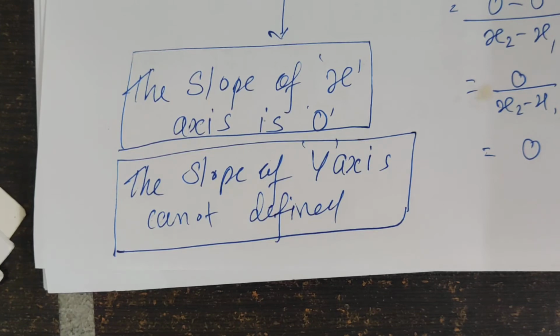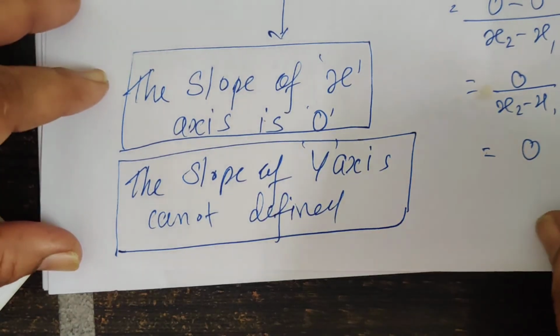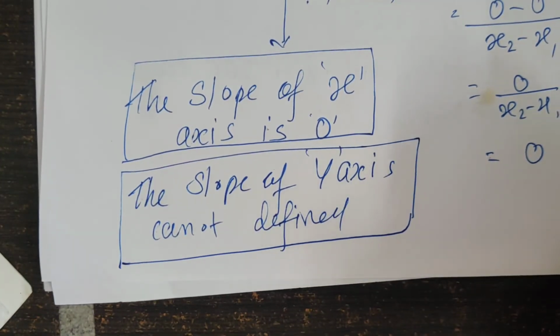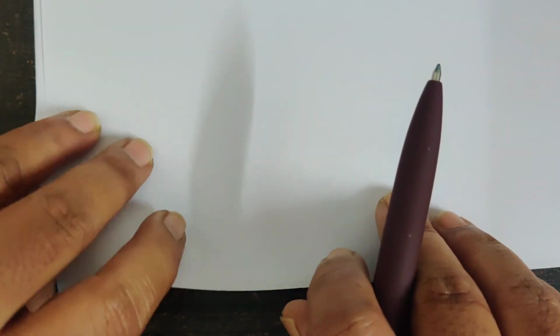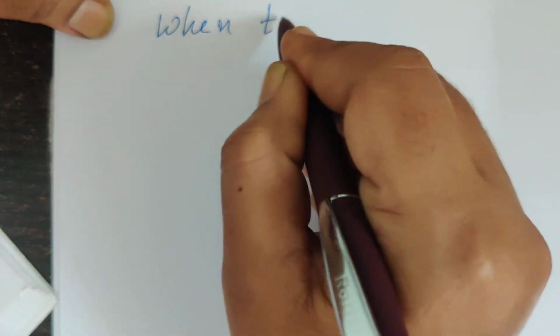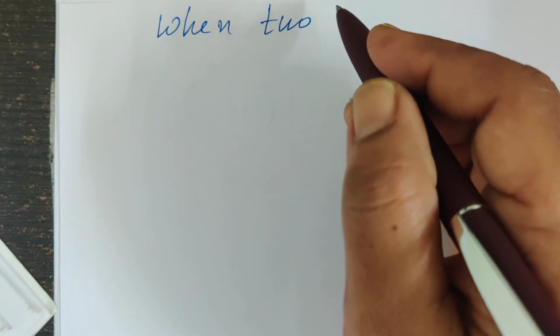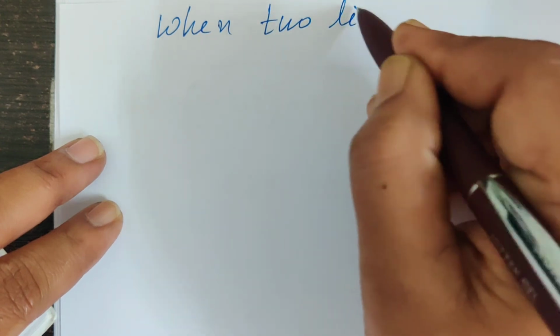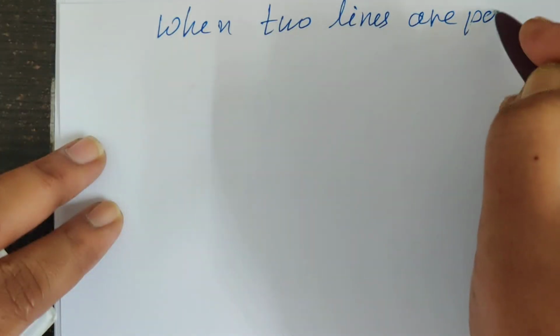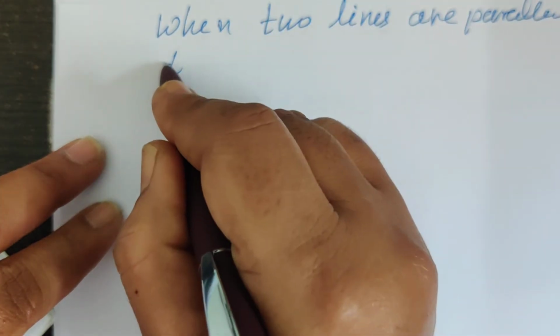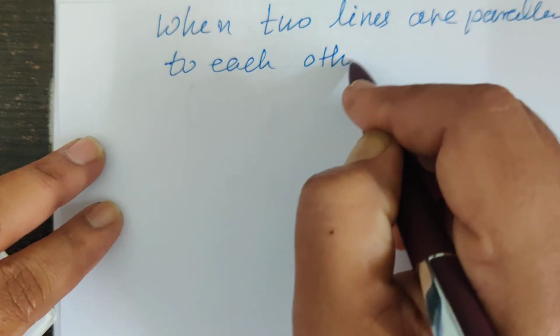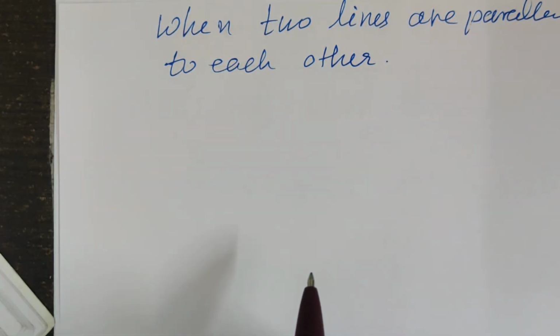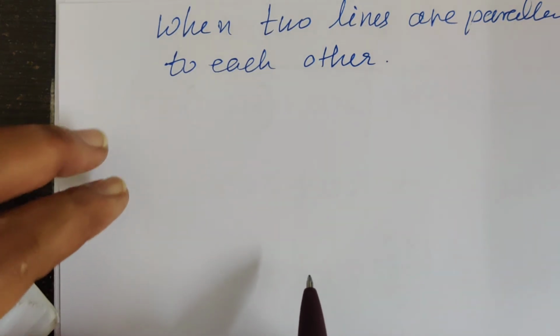So third important point: when two or more than two, even three lines are parallel, they have the same slope or equal slope.